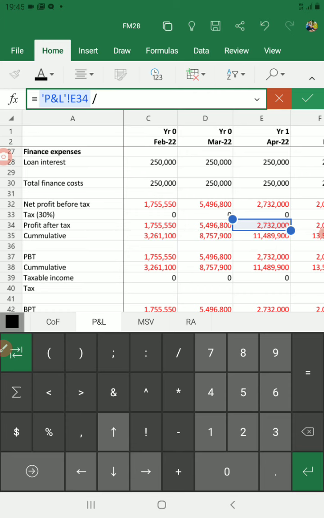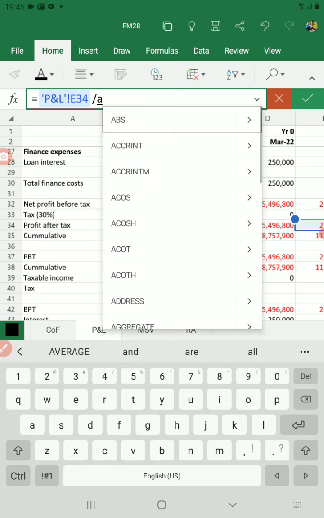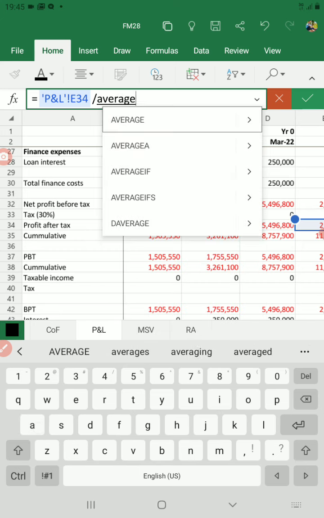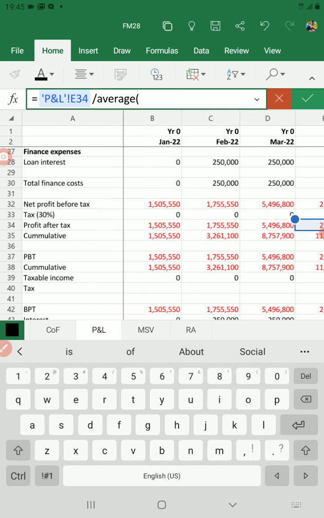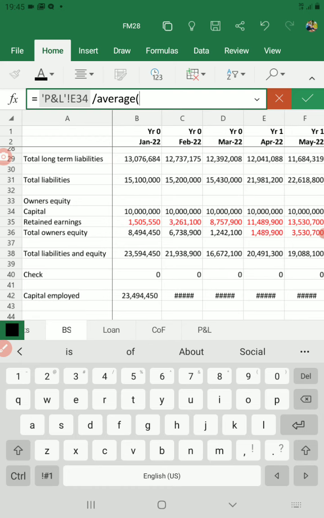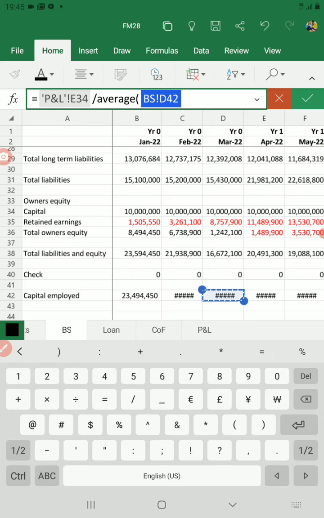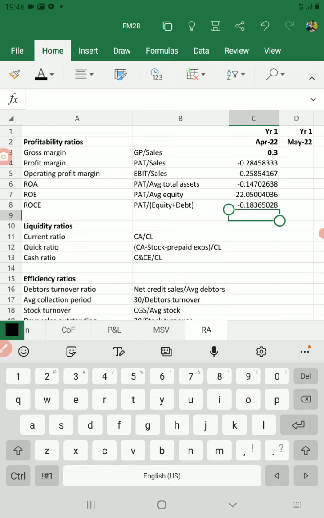So we start with average as usual, and then open the bracket, and then we go to our monthly balance sheet. Then we can pick the figure for March here, and then as usual put the full columns, and then click on the figure for April, and then close the bracket, press enter. Okay, so we have our ratios.